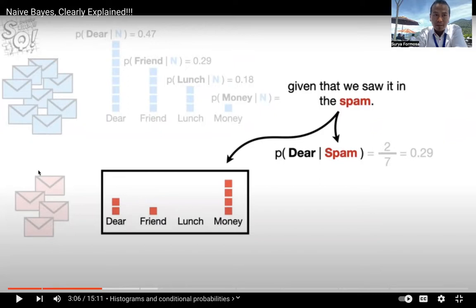Kemudian kita juga punya kelas data terkait spam. Nah, spam. Jadi seperti yang saya jelaskan pada pertemuan sebelumnya, email-email ini sebenarnya perlu kita petakan dalam sebuah proses yang namanya training.